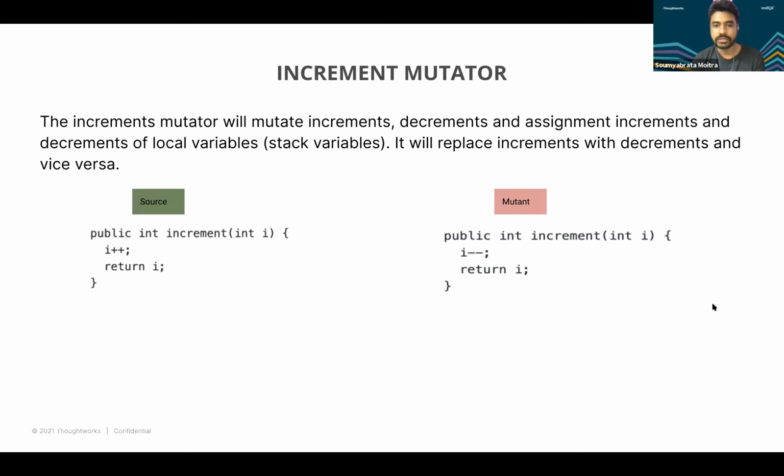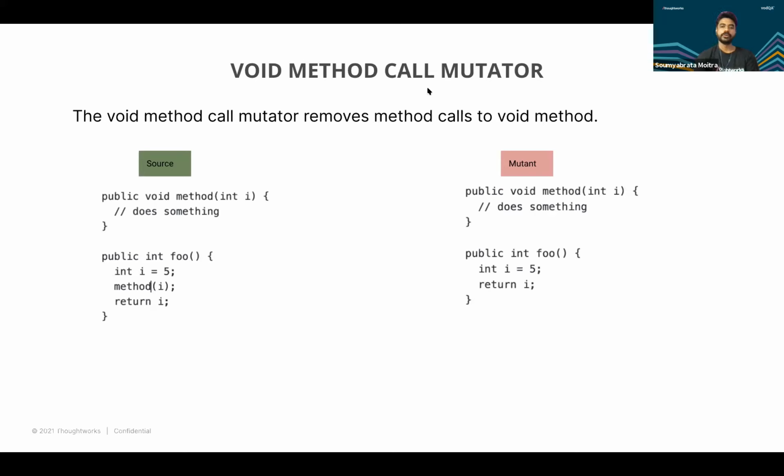And if we go to the next mutator, which is our void method call mutator. Now, if we talk about void methods, they don't have a return type. They don't return anything. So essentially, how do you do the unit testing of void methods?